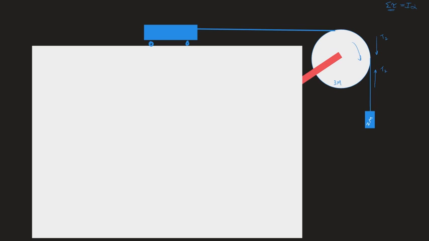But in this case, if it's a heavy pulley, this tension would be different than this tension. Anytime the pulley is heavy, anytime there's a tension on either side of a pulley, the tensions will have to be different because it's the only way the pulley can turn. All right, we got that in your notes. Here's what I'd like to do.